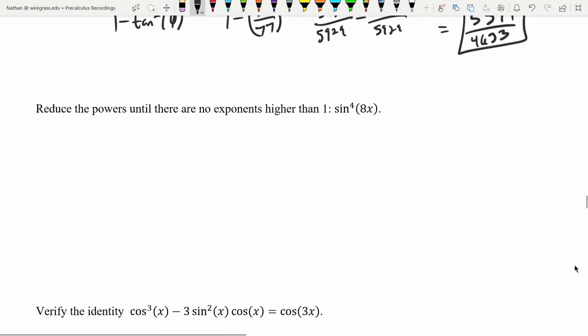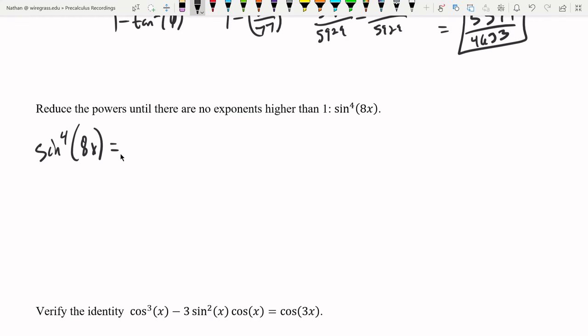All right, reduce the powers until there are no exponents higher than 1. And we have sine to the fourth of 8x. We just need to reduce sine. So first off, we can use the power reduction formula.